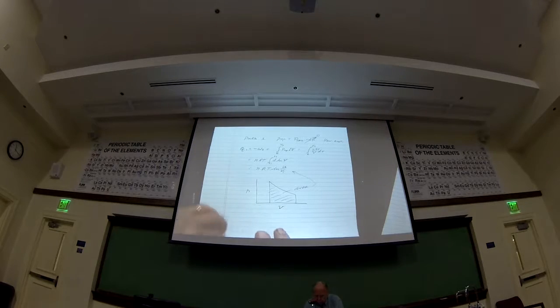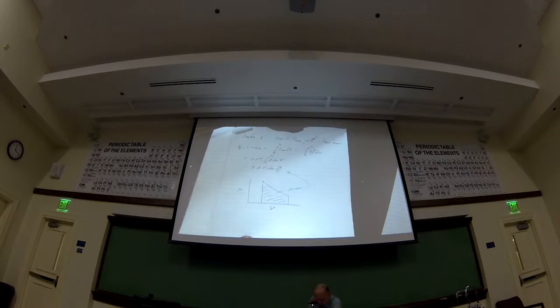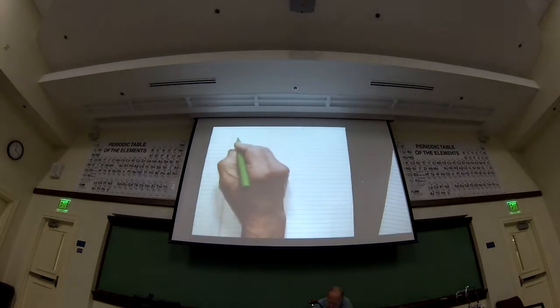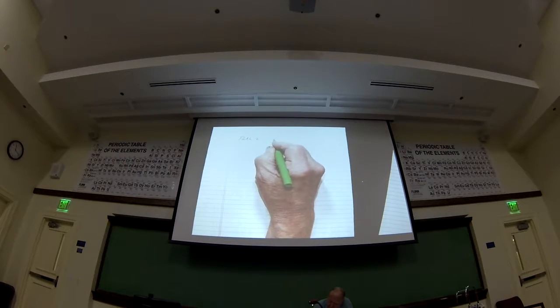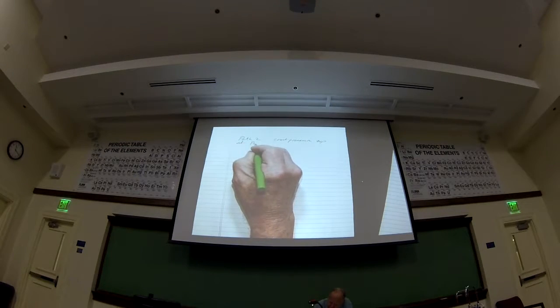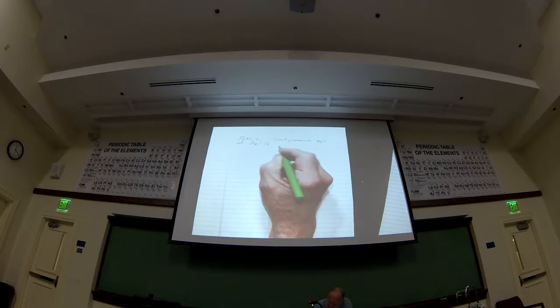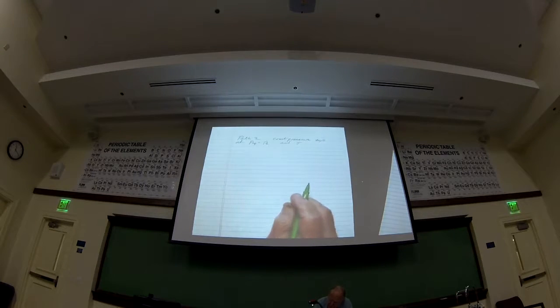Path two is a constant pressure process. Constant pressure expansion at P applied equal to P2 and constant temperature T. Okay.